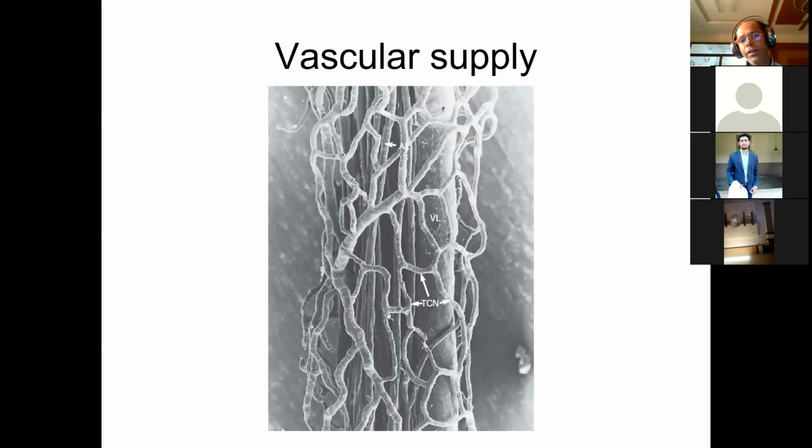There is a vascular supply, and vascularity determines the vitality of the pulp. If the supply stops, the pulp goes into necrosis.